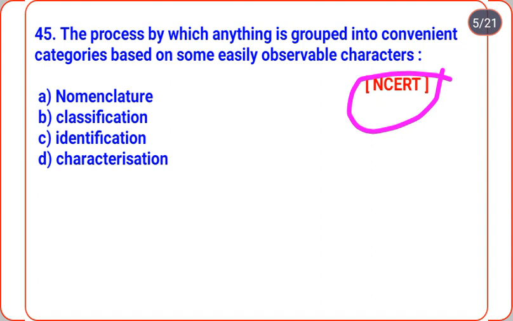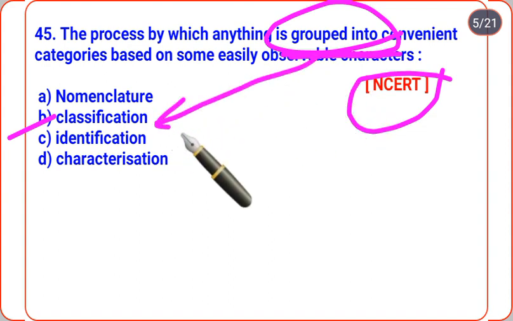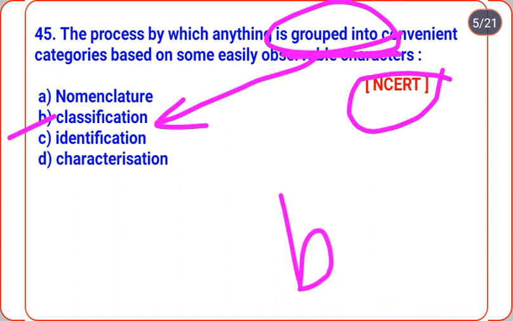So here our correct option is B, classification. The process by which anything is grouped means classification. Okay, next.